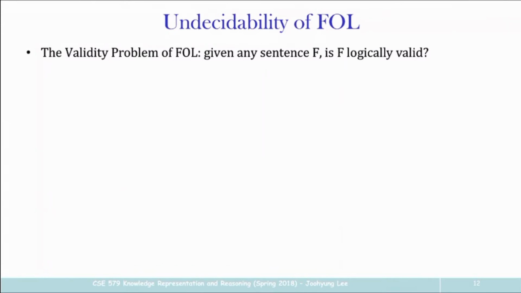You remember how tautology was related to unsatisfiability and also entailment. That is also part of the homework problem, right? So it's not only this problem, but most of the interesting questions about FOL, like the satisfiability problem and the equivalence problem, all turn out to be undecidable problems.